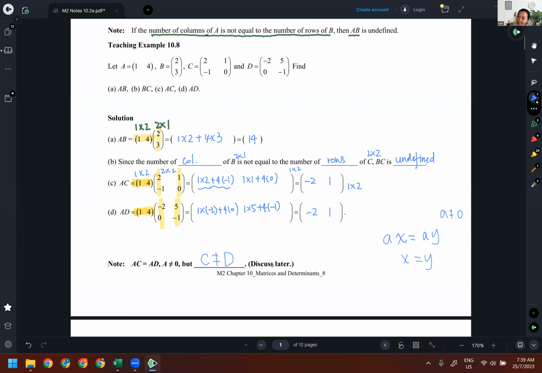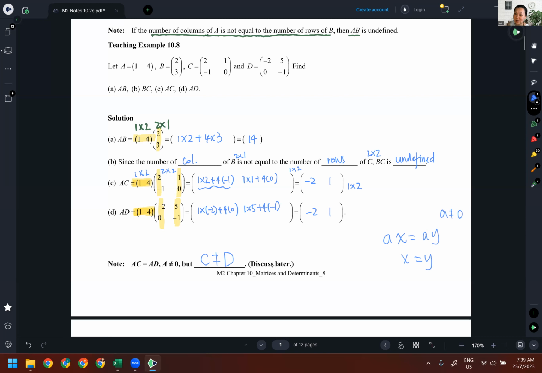A is something, A times C, C and D are not equal, but A times C equals A times D. Very strange. So today you are learning a new operation and also the algebra of this operation, and it doesn't behave the same way.